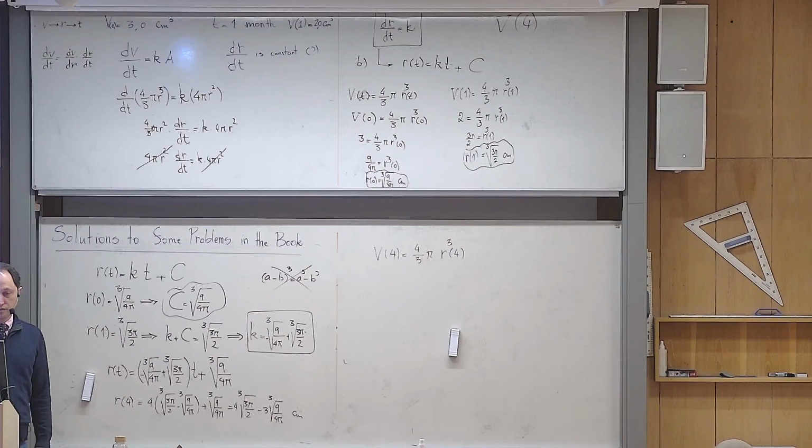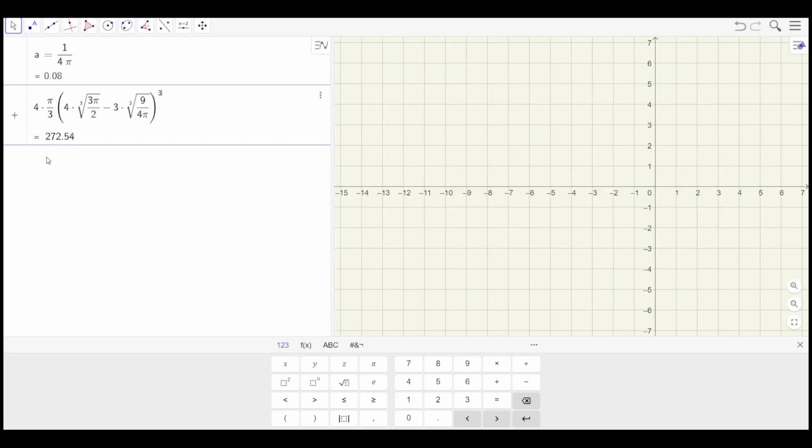This doesn't seem good. How is that possible? 3 pi, and then this number, did I type it wrong? Oh, this is a very, very strange number.